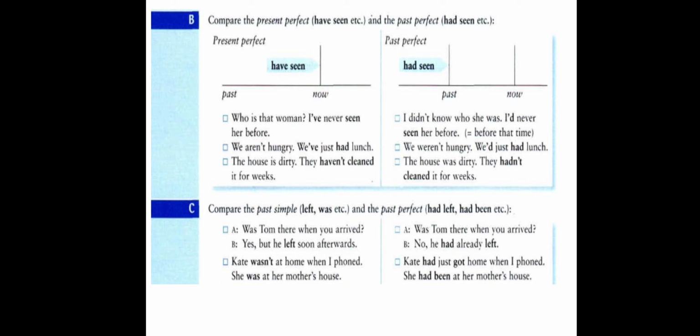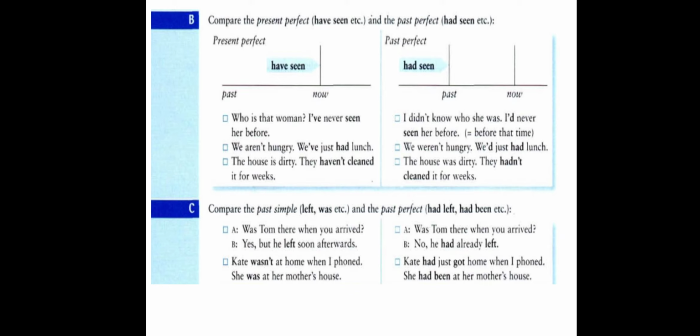We use present perfect. But if you look to the right-hand side at the past perfect, then you see we weren't hungry. Weren't is in the past. So the end point is a point of time in the past, and the action extended from a past point to another past point. At the end point in the past, we express the action in the past, so it becomes past perfect.